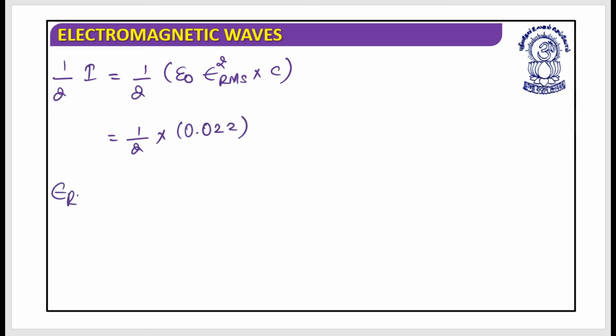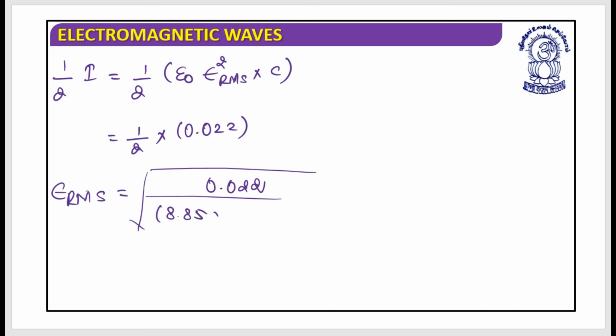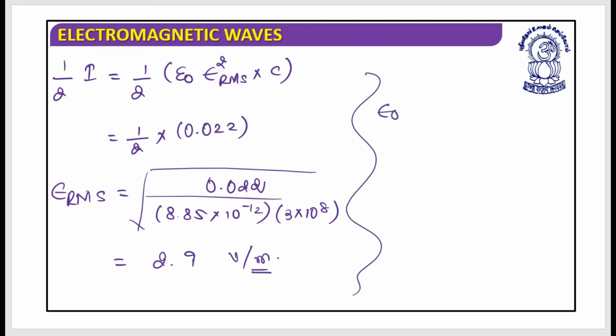So if I want to find E RMS, it equals the root of 0.022 divided by epsilon naught, which is 8.85 into 10 to the power minus 12, multiplied by 3 into 10 to the power 8. So this is simply 2.9 volt per meter. This is E RMS. If I want the magnitude, it's root 2 times E RMS, the E naught, sorry, my mistake, it's E naught.